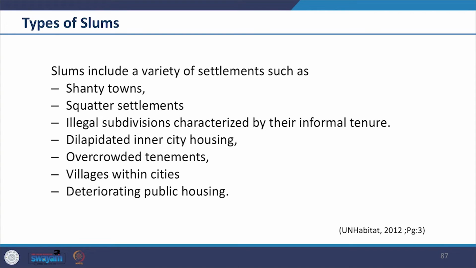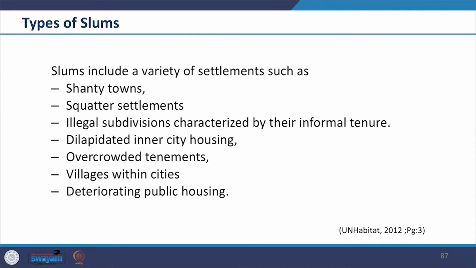Moving forward, we may find a variety of settlements which might be considered as slums across the globe. So we see shanty towns, squatter settlements, and illegal subdivisions characterized by informal tenure. They also include dilapidated inner city housing, overcrowded tenements, villages within the cities and deteriorating public housing.